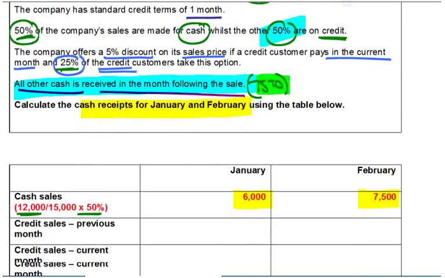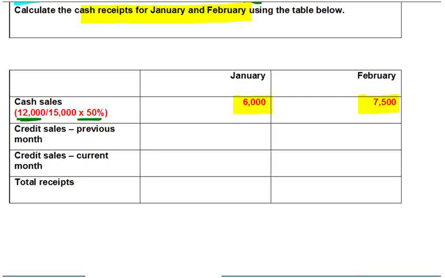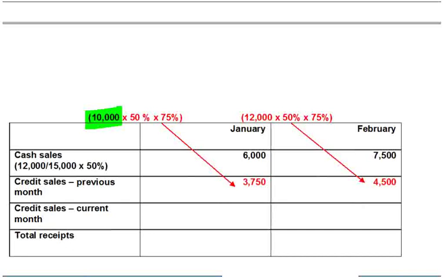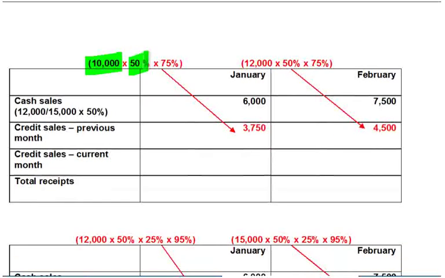So taking my 10,000 sales from December, I'm going to take 50% of those, because remember 50% are our credit sales, and 75% of those credit sales pay in the month following our sale.